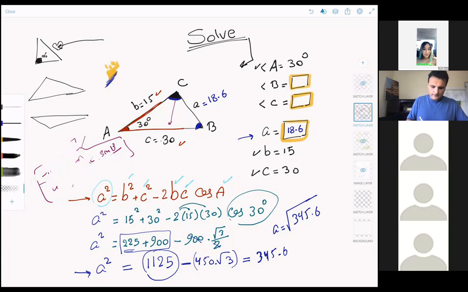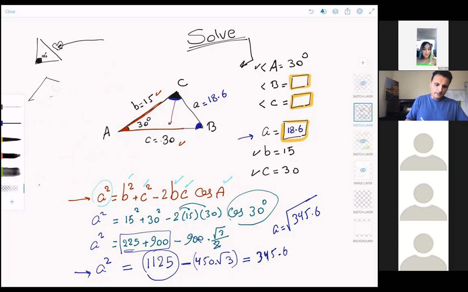So let's see if we can use law of sine. Again, we don't want to use law of cosine all the time. Law of cosine is very expensive. Like Bitcoin, you use a lot of energy to mine a Bitcoin. Law of sine is much easier to deal with.